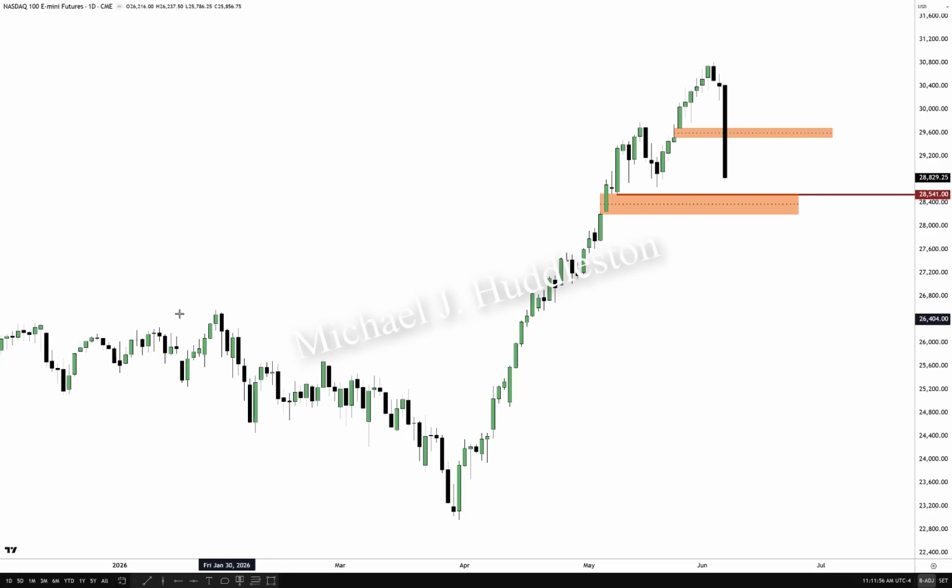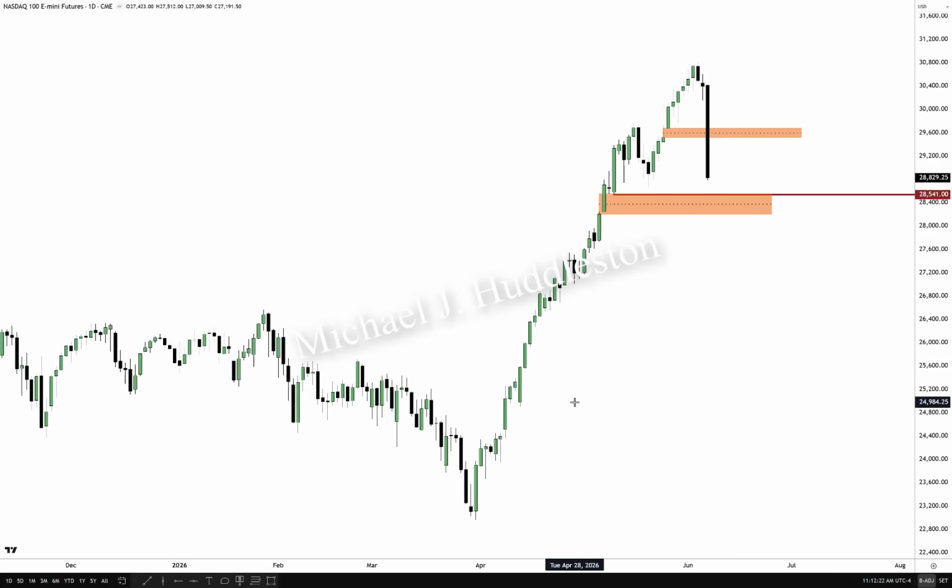Old high right in here, we could look for a run into that, and then retail would see that as a return back to resistance broken, turn support. I don't subscribe to that view. So if it's going to go back down here, it's going to go lower, and we'll dig into these inefficiencies, which could become an inversion fair value gap as well. Okay, and I think that is going to be it.